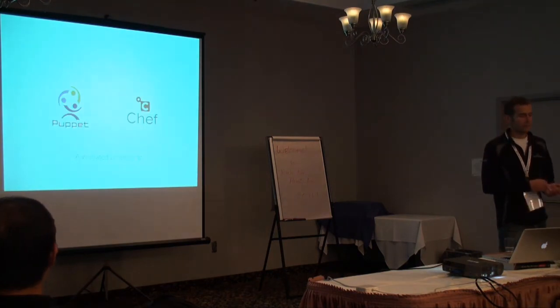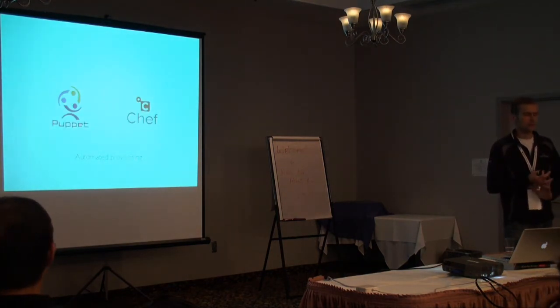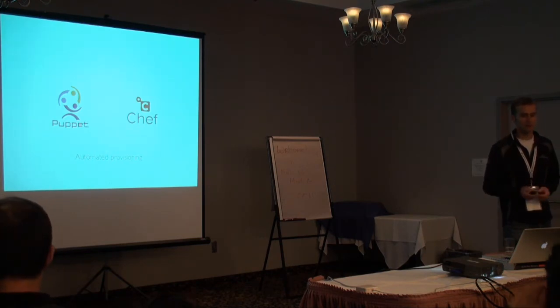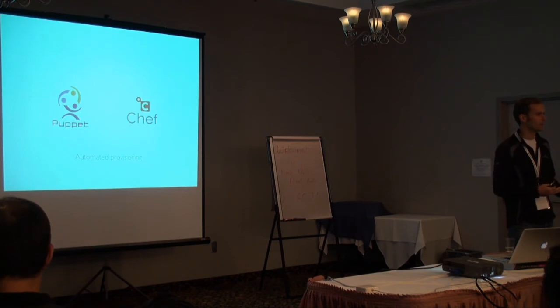So subsequently, we've moved on to using Puppet and now Chef. These are also big parts of the DevOps movement. So tooling is kind of a key part of DevOps. I'm going to talk about each of these in turn. But effectively, what they allow you to do is automatically provision new servers.